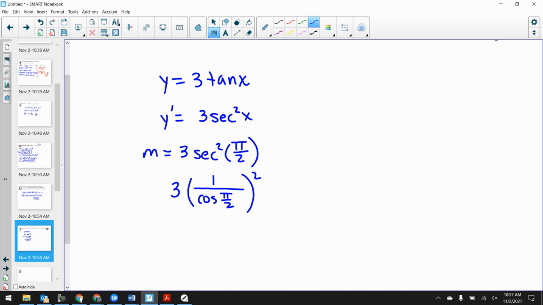What's the x value of pi over 2? 90 degrees, right? What's the x value at 90 degrees? You just got this. 0! That took way too long.